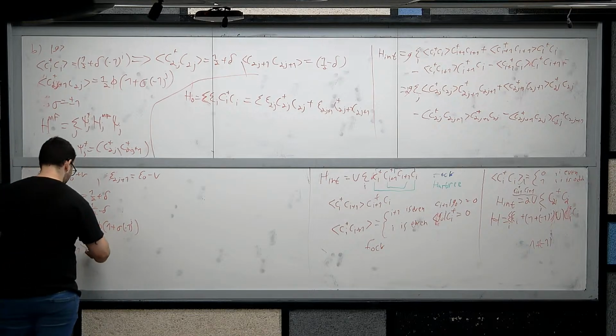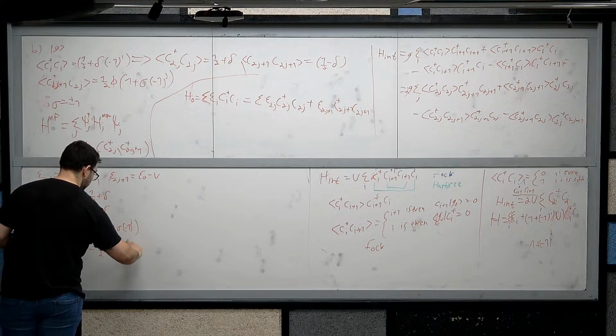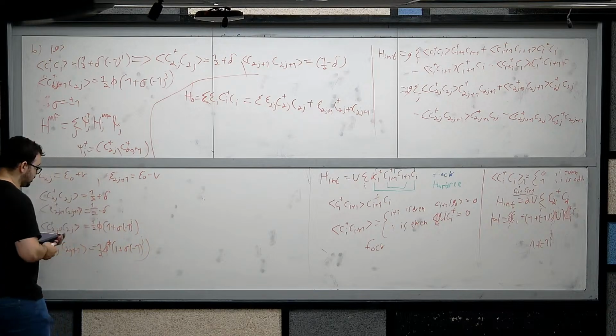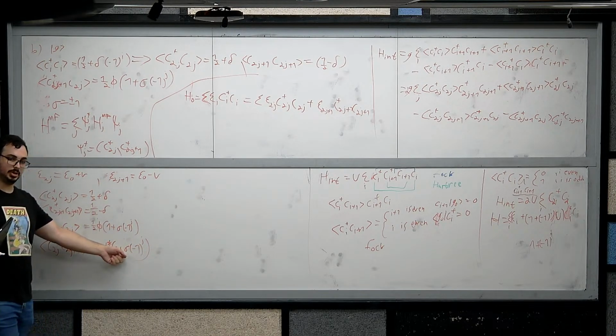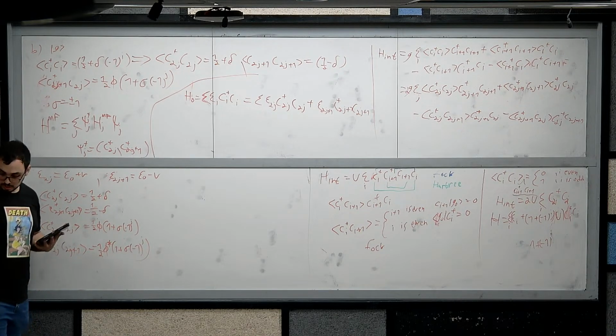So it will be 1 over 2 conjugated, 1 plus rho to the j. Remember that this rho is just plus or minus 1. It's a real number. So we just get the dagger here. Okay.